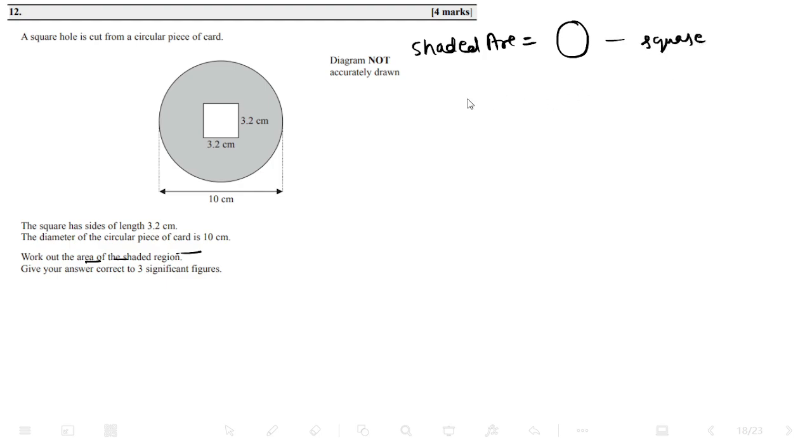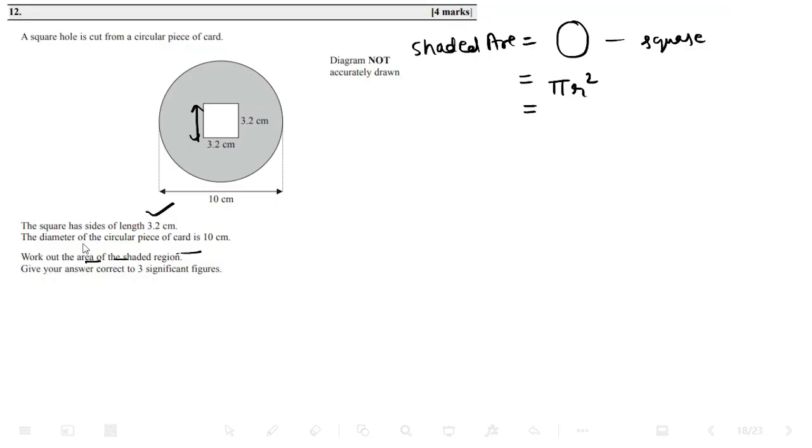I am just writing directly. For the circle, we will do pi r square. Now the square has a side length that is given.